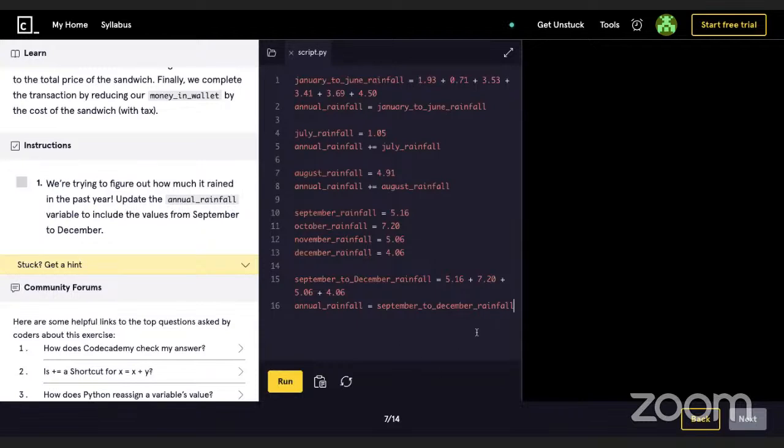And then after, you have to go back to line 15. And then where it says December, it's a small letter. You have to put a small d for December because you did a small d there.